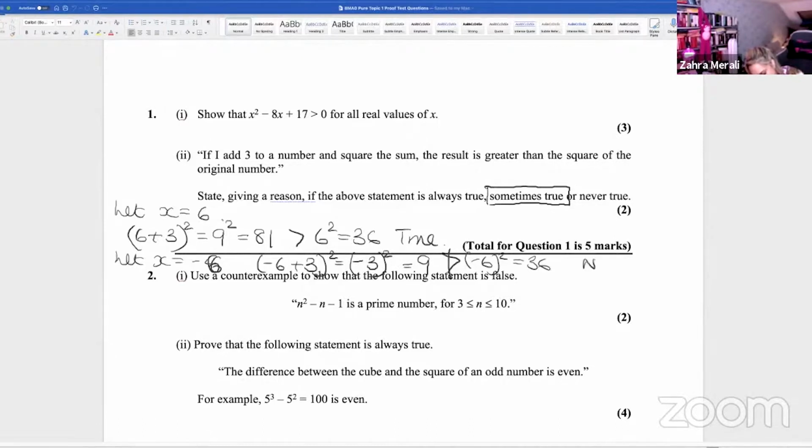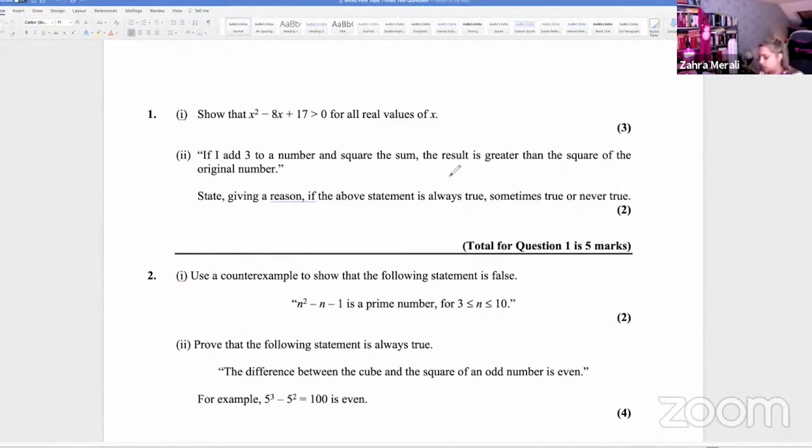So not true, therefore sometimes true. Because it works for some cases and doesn't work for others. So the clue is in the fact it's 2 marks. And then on top of that, you've got sometimes true as your option.